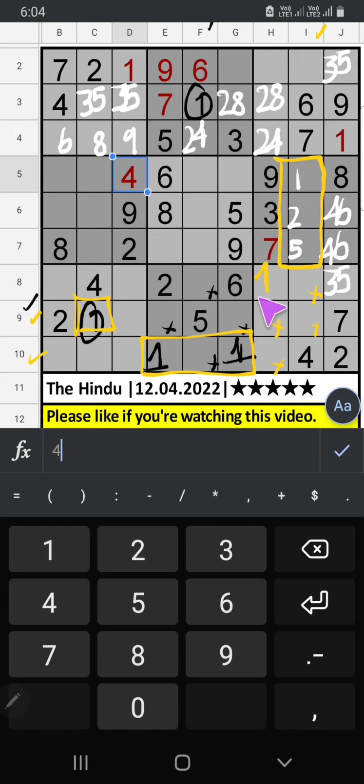The 1 is confirmed here. Column D, column E, column G, then column H, we have 9. So 9 can't come in these cells. The 9 is confirmed here. Column I, 2 numbers are remaining, 3 and 8. It will come in any one of the cells. We will confirm later.